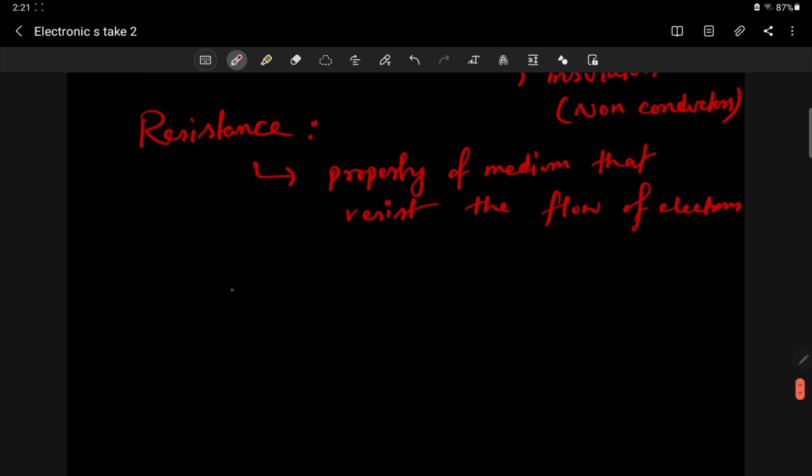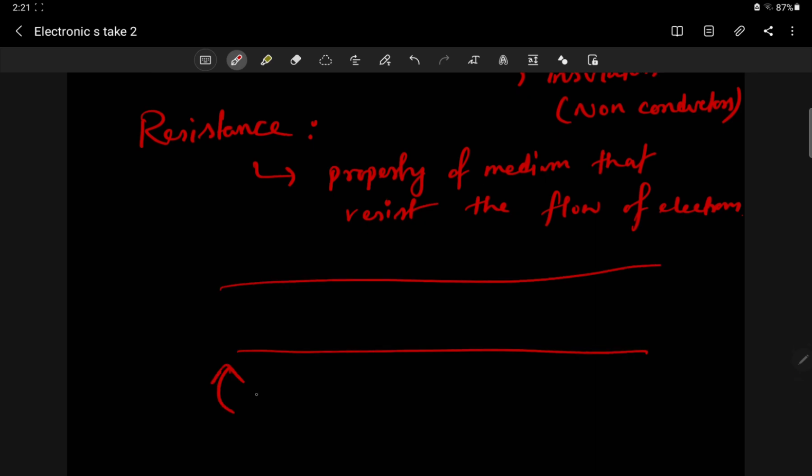So it could be like this. Let me just draw quickly. Let's say this is a medium. It could be a wire, and the electrons are over here, right? They're trying to move from, let's say, this point A to point B. Now, what happens is the wire is going to create some resistance.